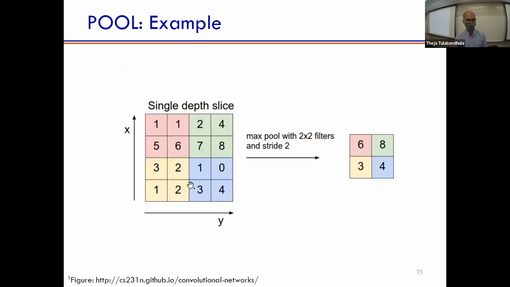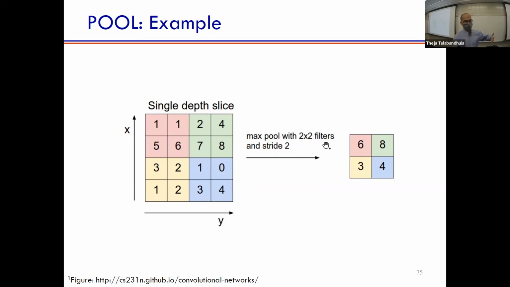Here's an example of how to do pooling with one particular operation called max pooling. You can do average pooling, or any other choice you want. Max pooling with 2 cross 2 filters and stride 2 just means taking a bunch of 4 numbers next to each other together, like 1 1 5 6, which is one part of a slice of the input tensor.